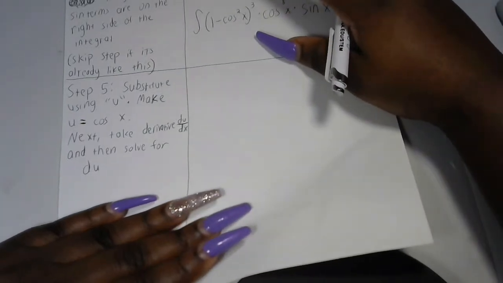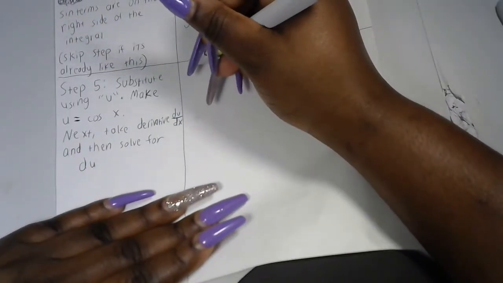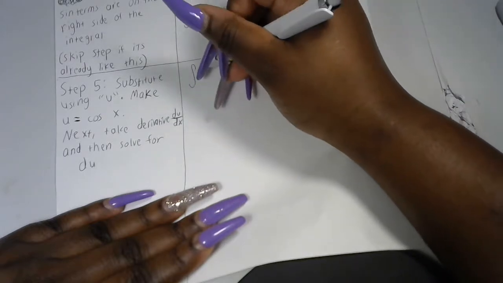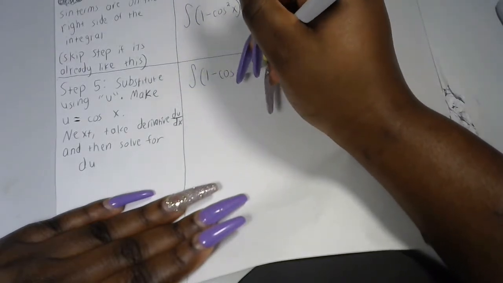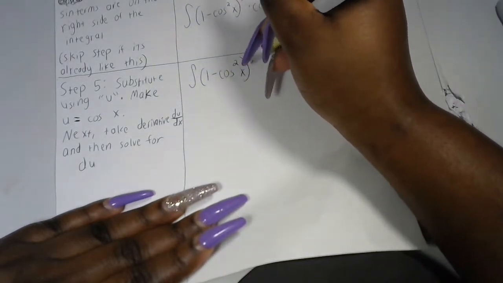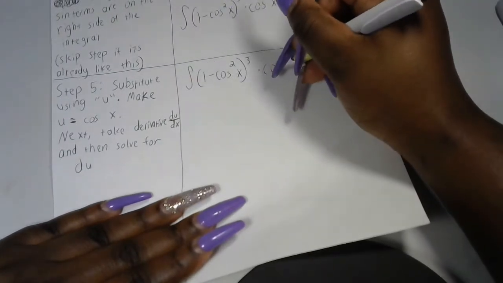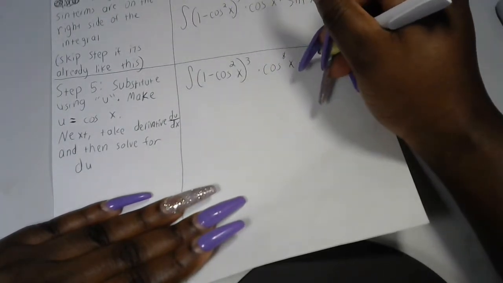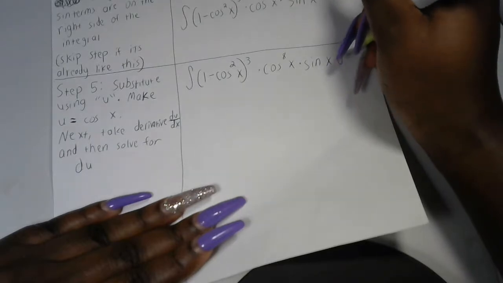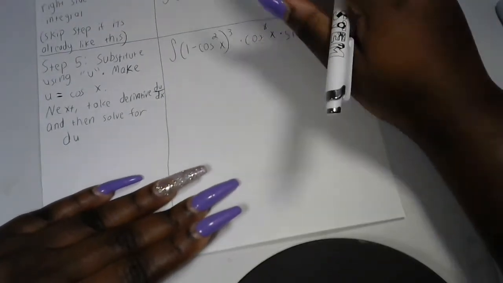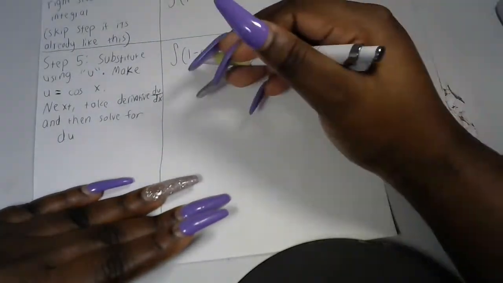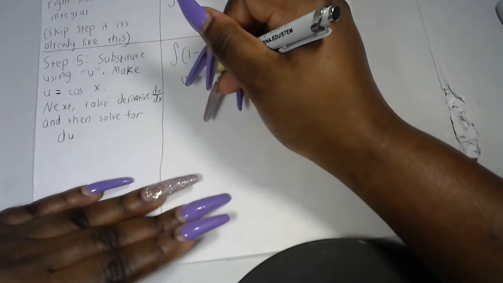So for the integral so far, what we have is the integral of 1 minus cosine x squared, all of that cubed, times cosine x to the 8th, times sine x dx. For this integral, we're going to make u equal cosine x.